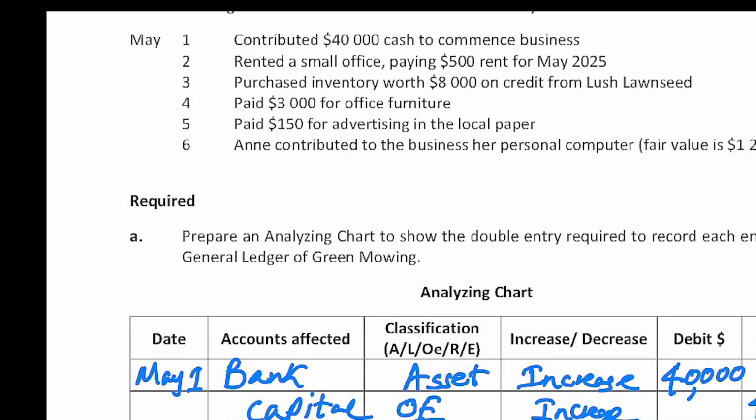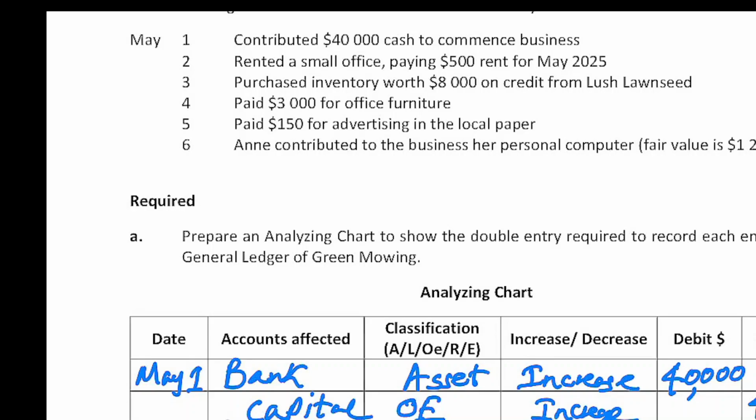Tanush? Asset. Yeah, it is an asset. Why? When we prepay an expense, it is an asset. Now go back to the definition of the asset. What is the definition of the asset? Present economic resource. Very good.